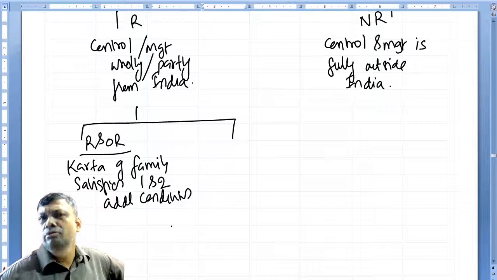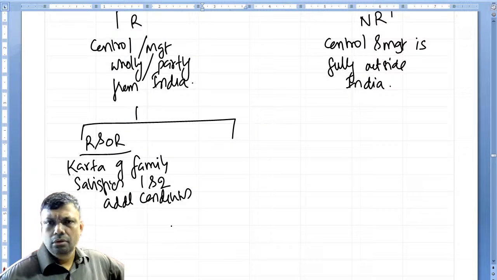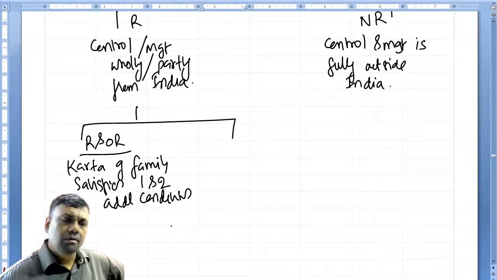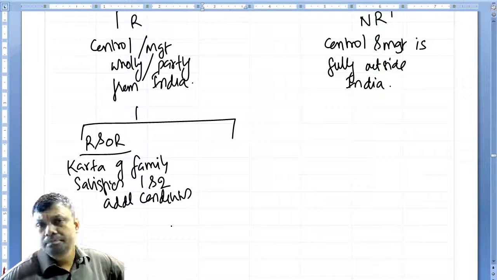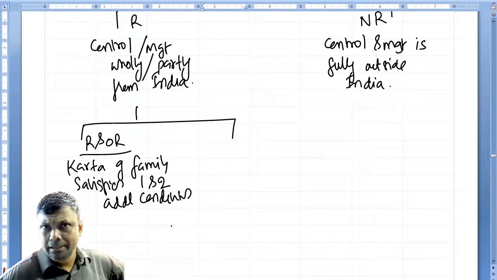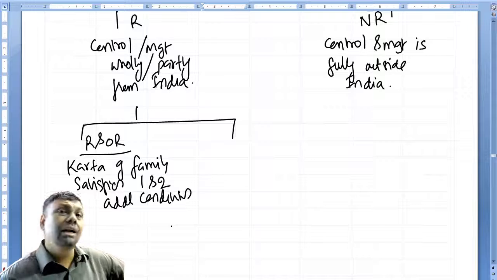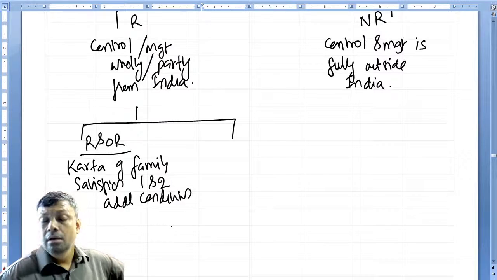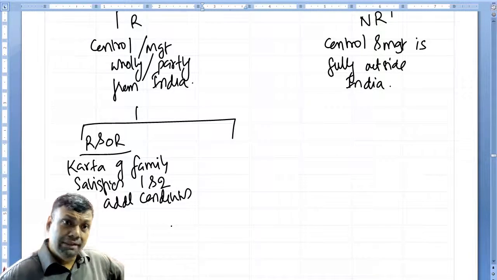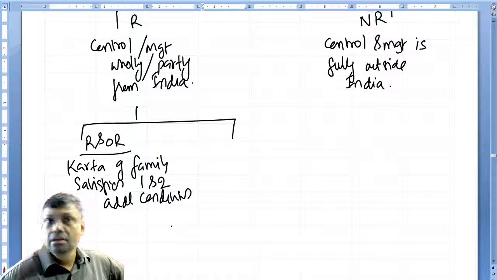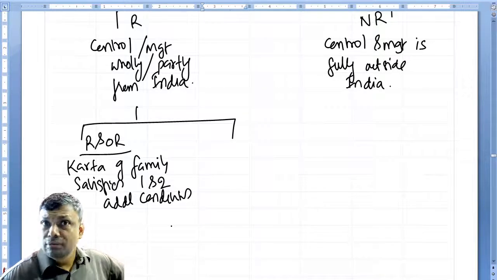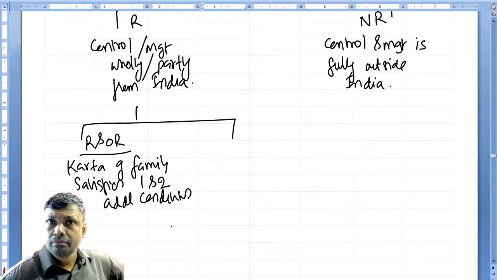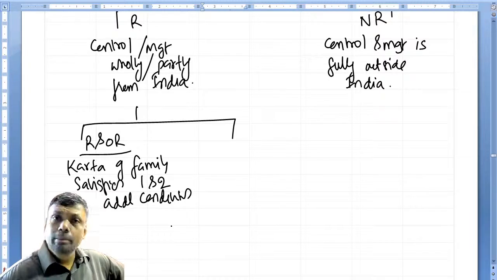Just think about your own family. You, your sister, for example, and your father and mother. So 4 people are in the family. Who is the head of the family? Your father, for example. So father has to satisfy this additional test. If father satisfies this additional test, then it will be resident and ordinarily resident.